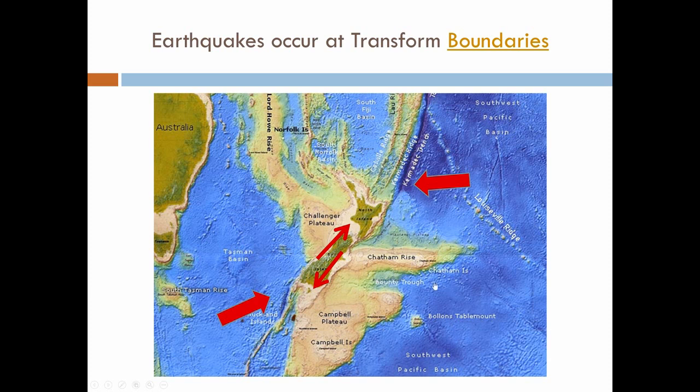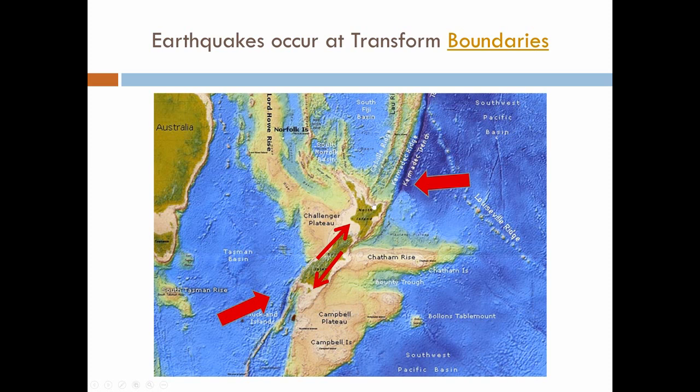Now, really interesting spot, New Zealand. Very tectonically active, a lot of volcanoes, and a lot of earthquakes, particularly relative to Australia. So we have a plate boundary coming through here, and you'll notice that the plate boundary actually goes through the South Island of New Zealand.